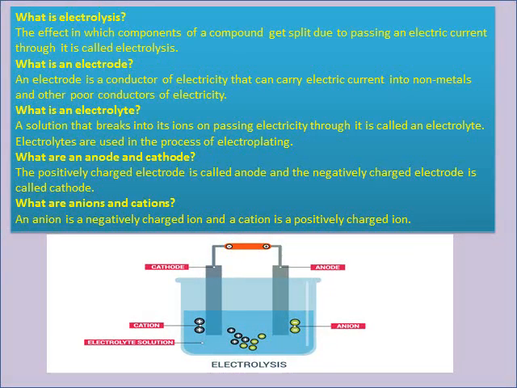Children, let us discuss some of the important terms in the process of electrolysis. What is electrolysis? The effect in which components of a compound get split due to passing of an electric current through it is called electrolysis. What is an electrode?